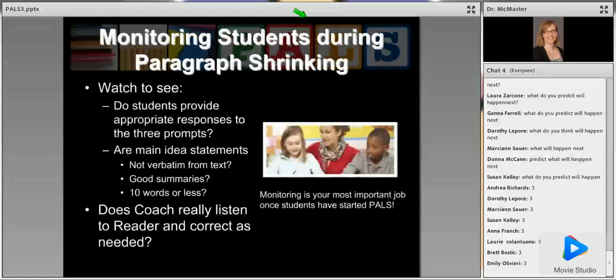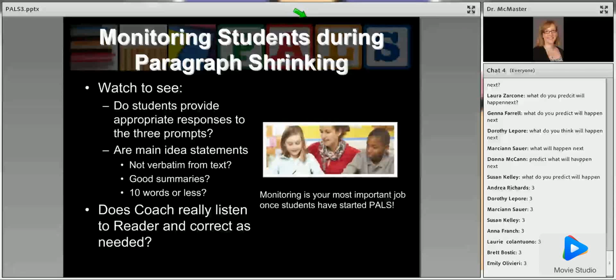We've talked about monitoring students during paragraph shrinking. Some of the things that you probably want to watch for are whether students are providing appropriate responses to those 3 prompts. So they're identifying appropriate main ideas, main who's or what's, the most important thing about the who or what.